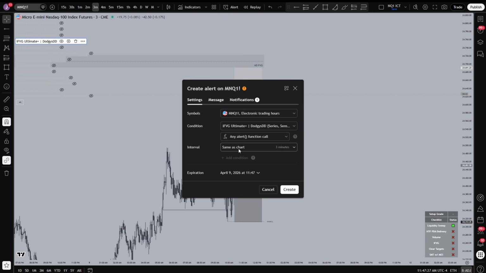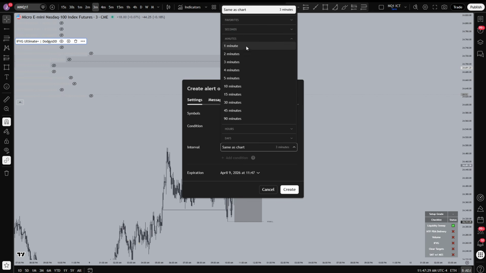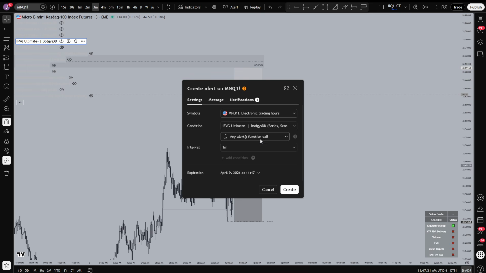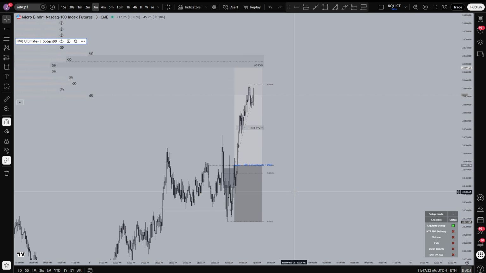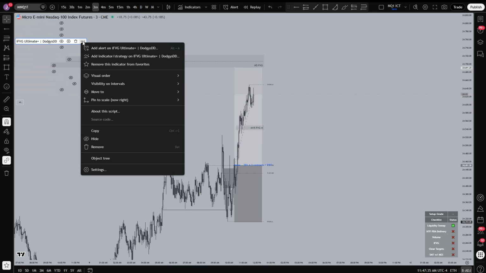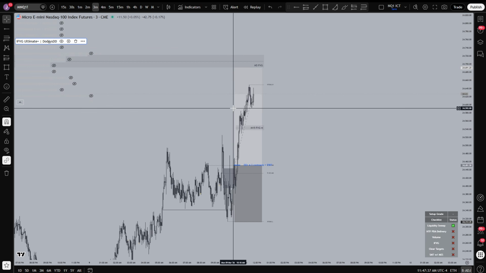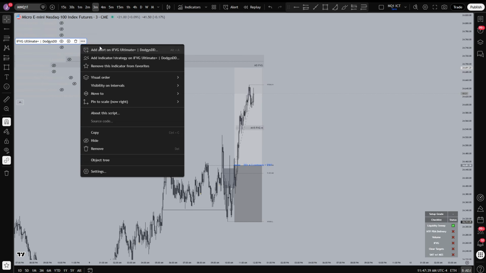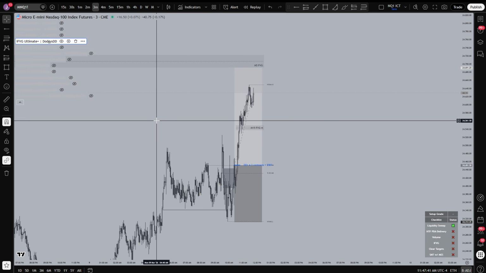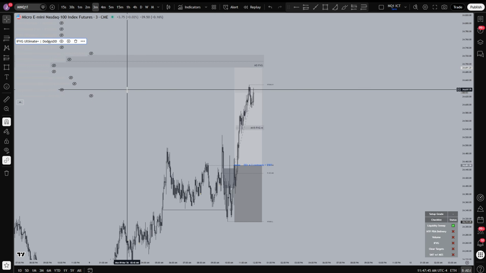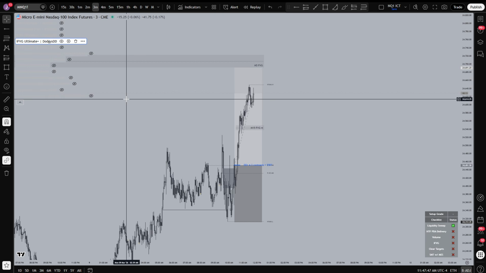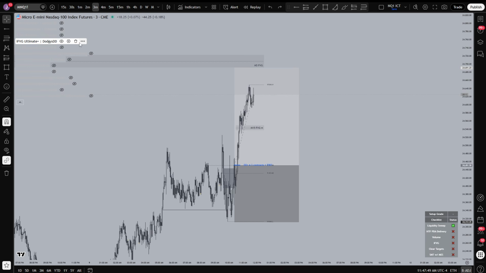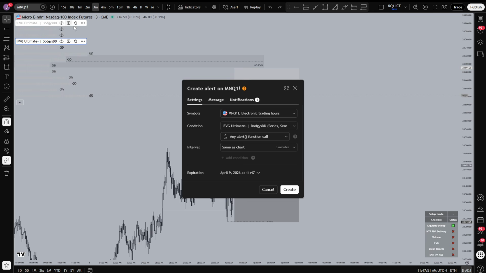And then for every single time frame that you want an alert for, you have to change that time frame. So if you want alerts for the 1 minute, you would then create an alert for the 1 minute. You would have to go back in, add alert. I don't know why it's bugging out now, but for every single time frame that you want to add an alert for, you have to manually do that.